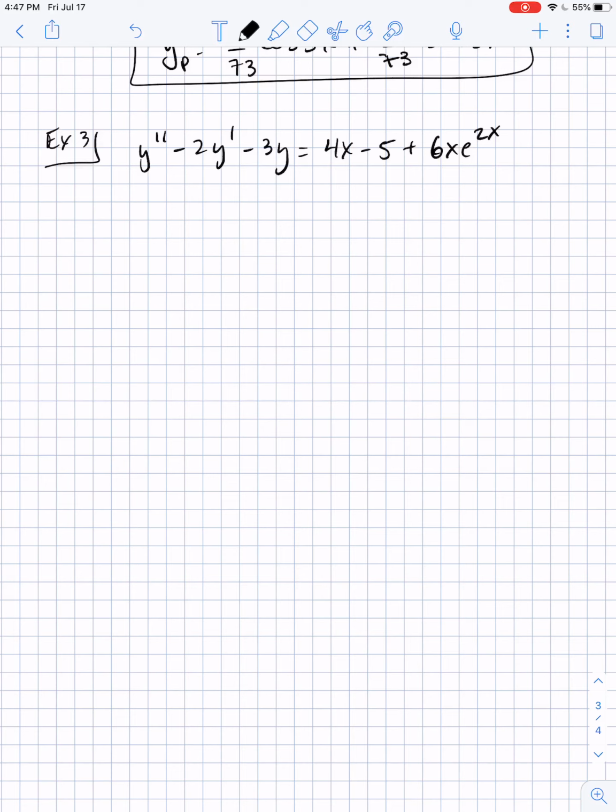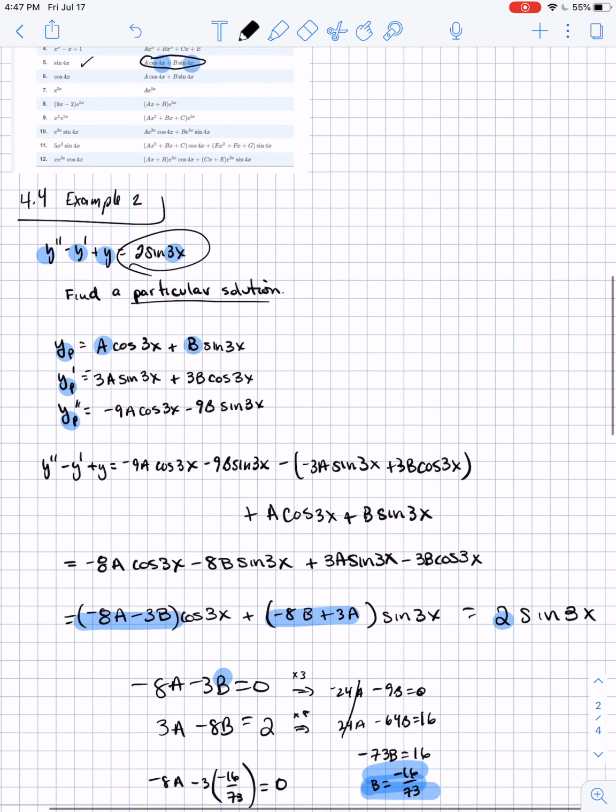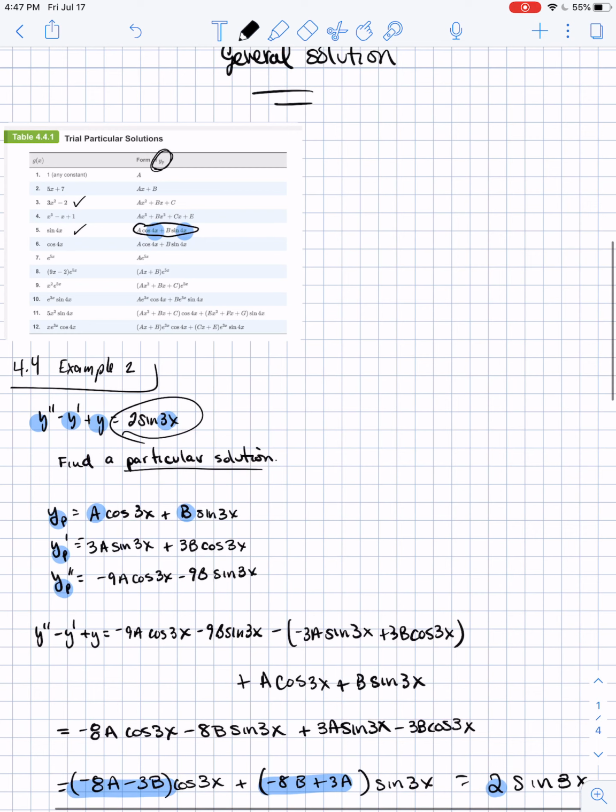If you notice here, this is linear, and here you have the exponential. Okay, so what we can do is go back up to the table.